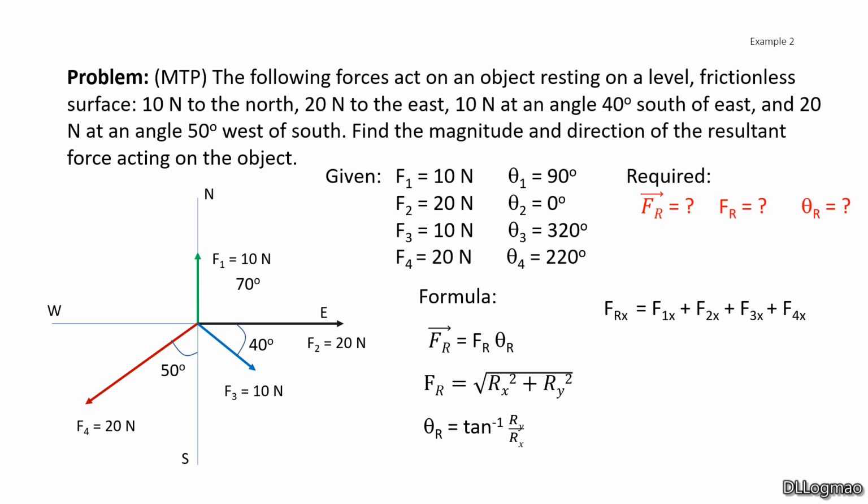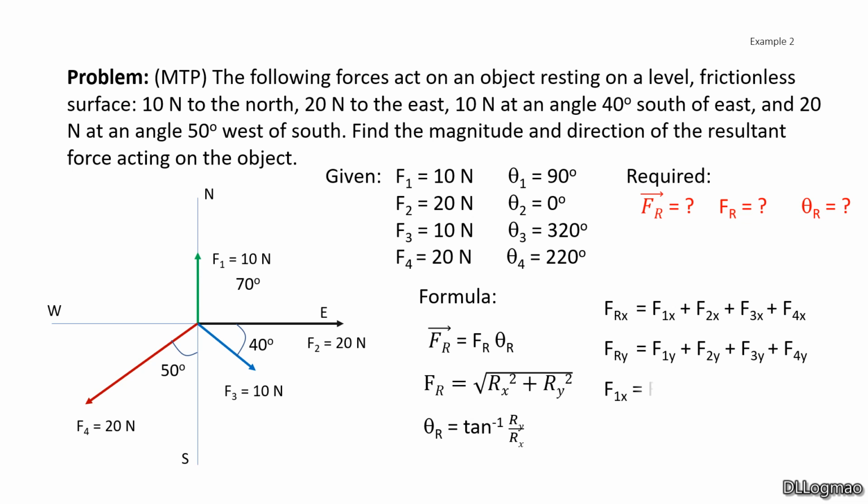The sum of the x components equals f sub 1x, plus f sub 2x, plus f sub 3x, plus f sub 4x. Likewise, the sum of y components of the forces is equal to f sub 1y, plus f sub 2y, plus f sub 3y, plus f sub 4y.